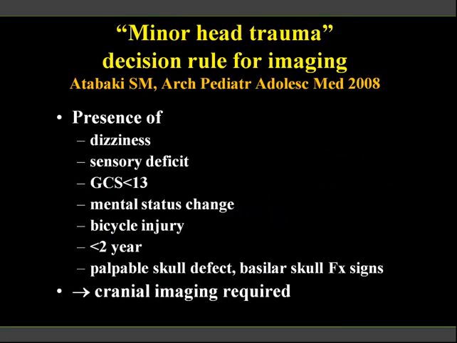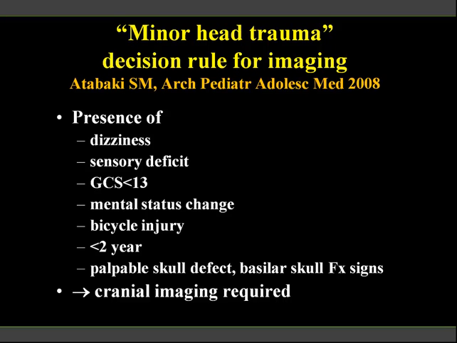So minor head trauma, I've shown you the example. What are the cases that benefit from imaging? Presence of symptoms such as dizziness, sensory deficit, Glasgow coma score of lower than 13, or in other words, comatose children who cannot be assessed clinically very well, mental status changes, seizures that are not related to the direct impact.